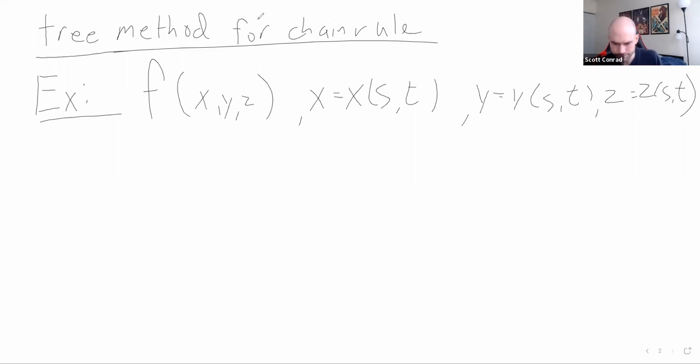I think it'll clear up any confusion you might have. So if you plug in x, y, and z with their functions of s and t, we can actually write f as a function of s and t. So f is actually a function of s and t. So we can talk about the partial of f with respect to s and the partial of f with respect to t.